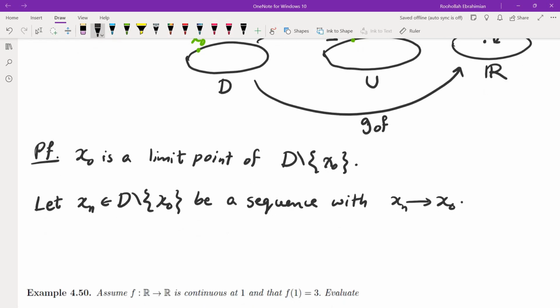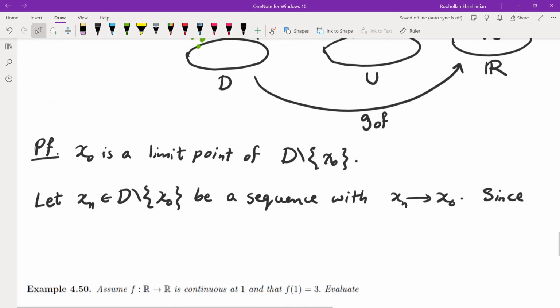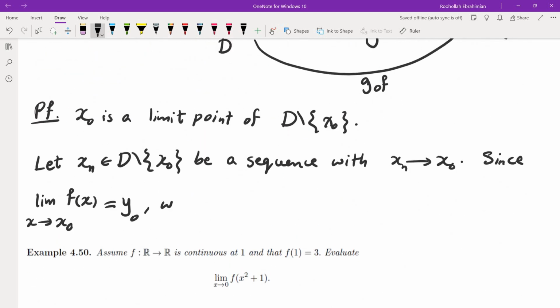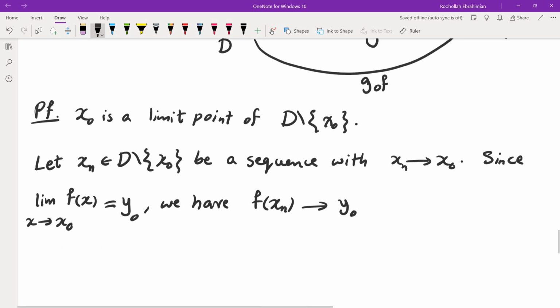Now, since the limit of f of x as x approaches x naught is equal to y naught, that was one of the assumptions, we have f of xn approaches y naught.